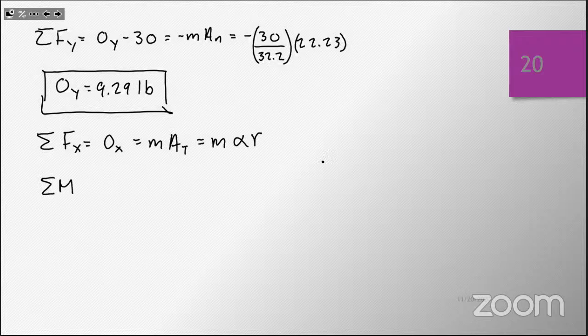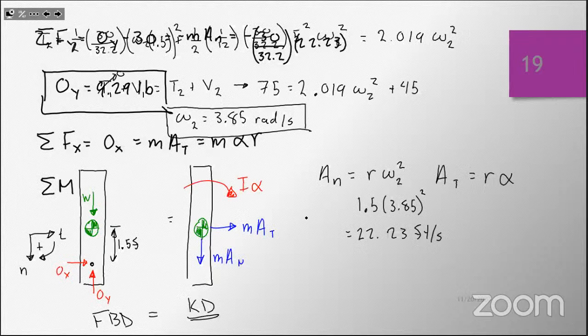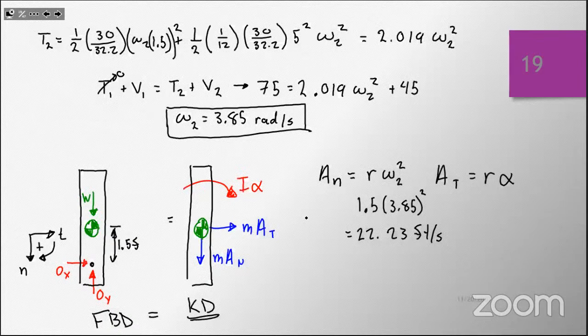Where do we want to sum the moment? At what point should I sum my moment? The pin. Why would you want to use the pin? Excellent. It's more than that though, too. The weight passes through the pin as well in this configuration, so you have canceled out all of the forces.